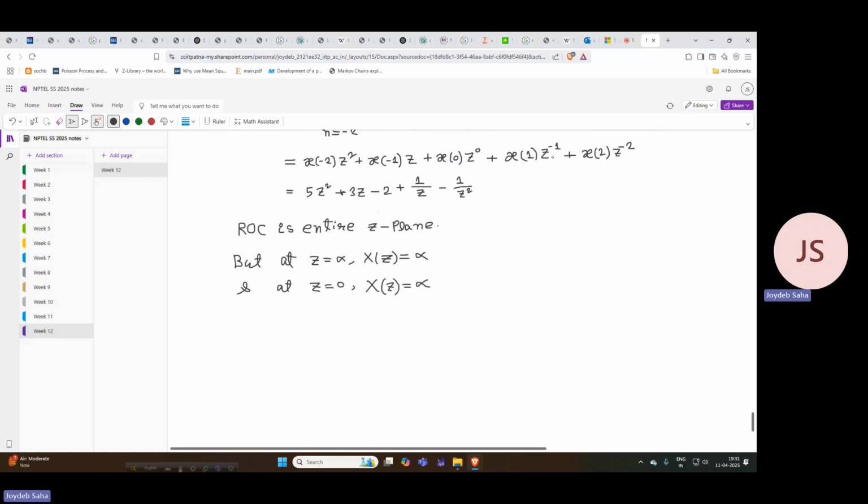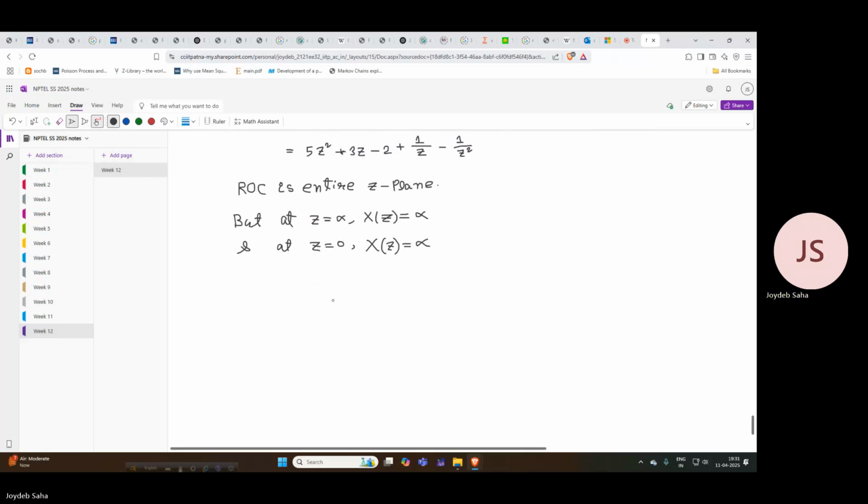Why? Because these two terms are present, 1 upon 0, 1 upon 0.